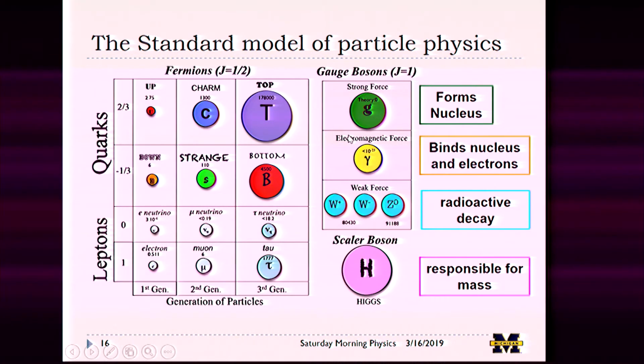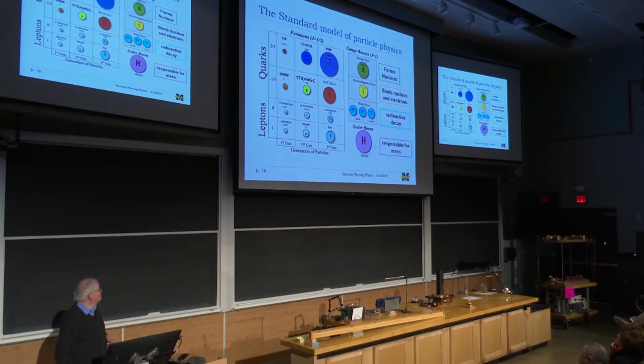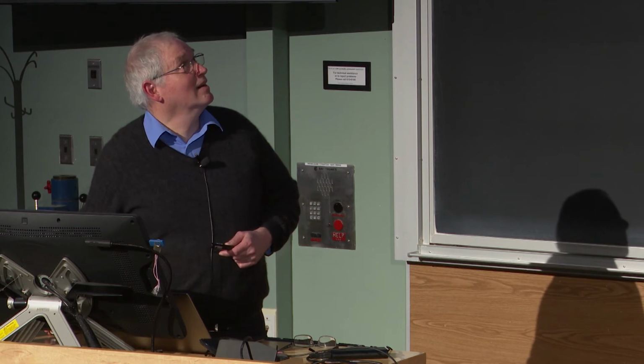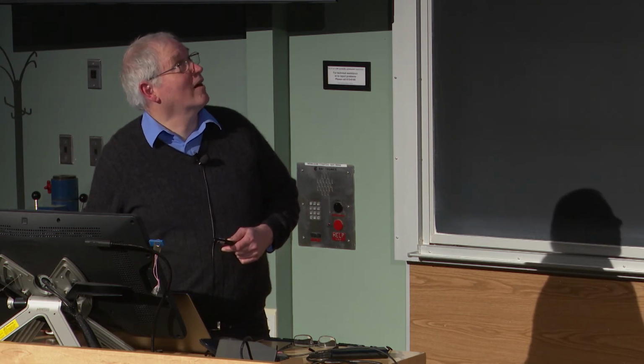So Higgs, photon, Z can interact with a muon and an anti-muon, or an electron and an anti-electron, or an up quark and an anti-up quark. That is, these particles can't go between any of these, only the particle and its antiparticle. The ones that can go between are these W's.